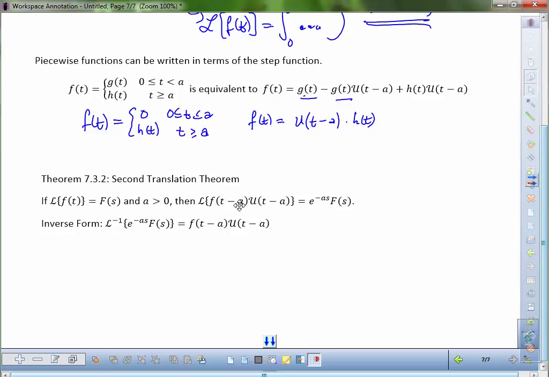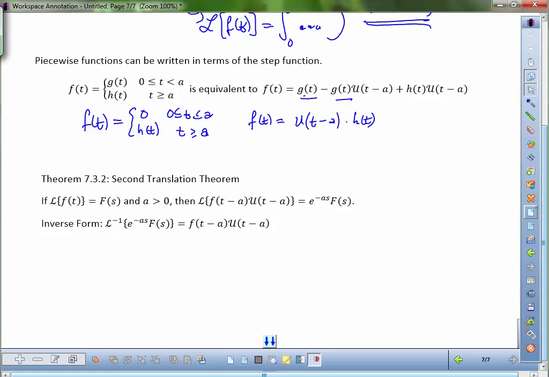And this time it's being multiplied by your function. All right, let's see if we can at least take a differential equation from the t world to the s world using this, and then we'll hopefully next time be able to come back.